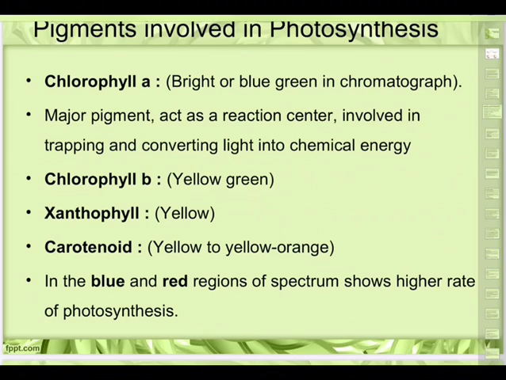The chlorophyll structure has a head region called porphyrin, made up of 4 pyrrole rings, and a tail made up of a long chain alcohol called phytol. A non-ionic magnesium atom is held in the center: magnesium, not manganese, magnesium. Again, this will be asked: what is the main element present in chlorophyll? Magnesium, remember that.